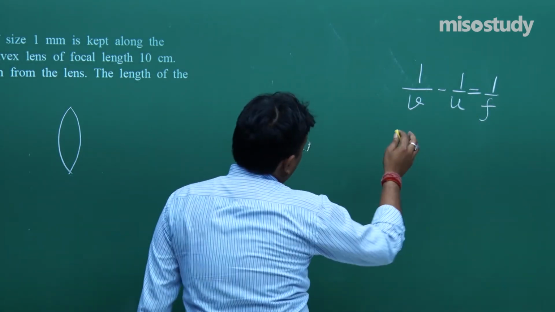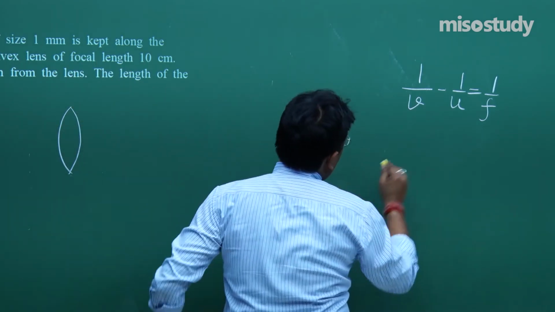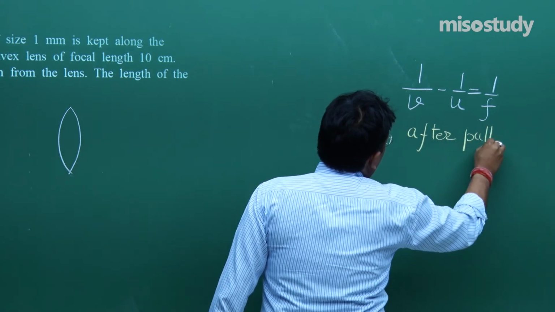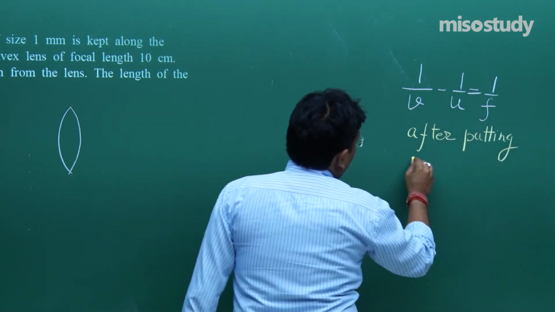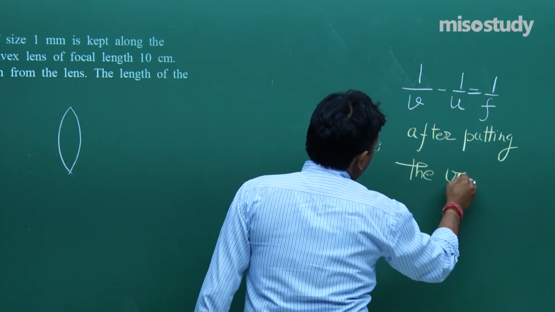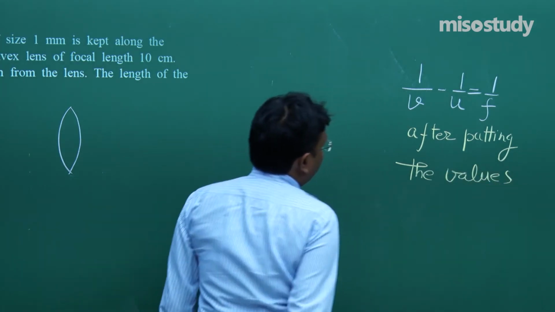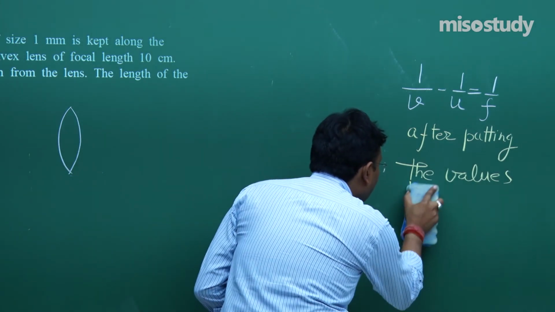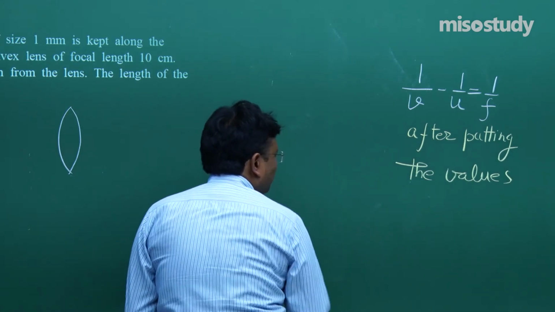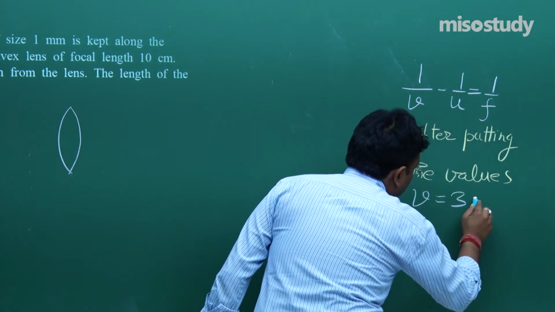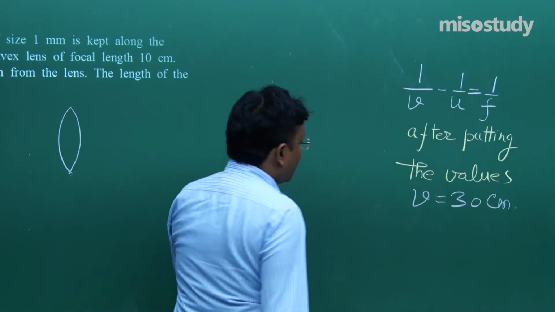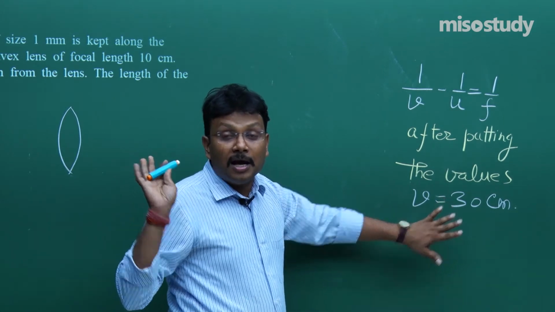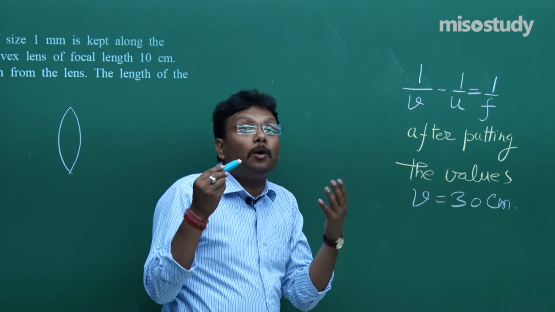All the values are given, so after putting the values, V is equal to 30 centimeter. This is the position of the image. It is not asked in the question. They asked the length of the image.